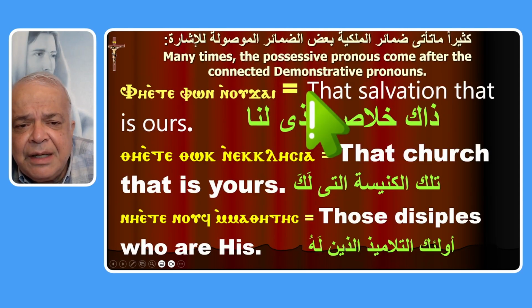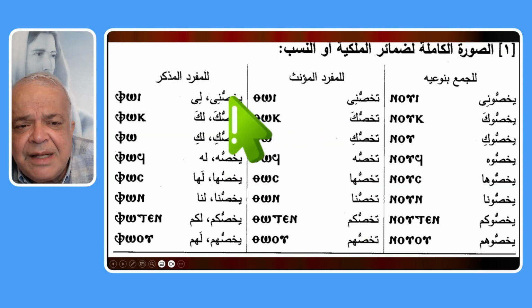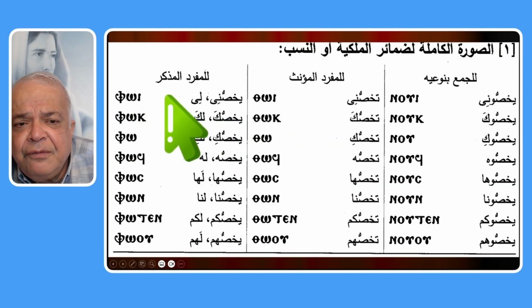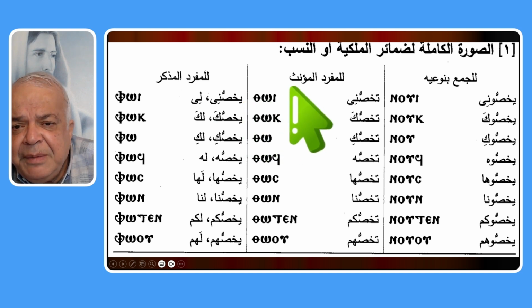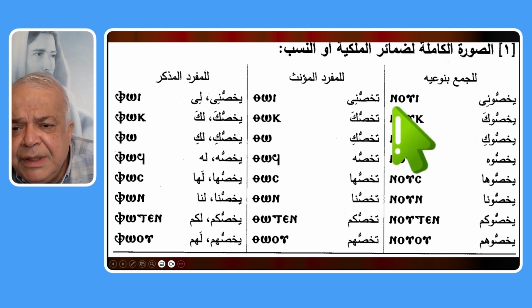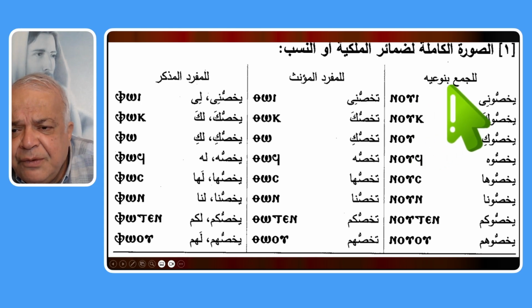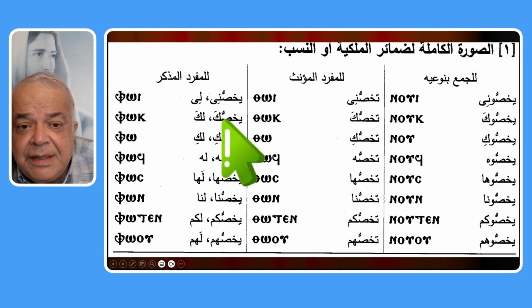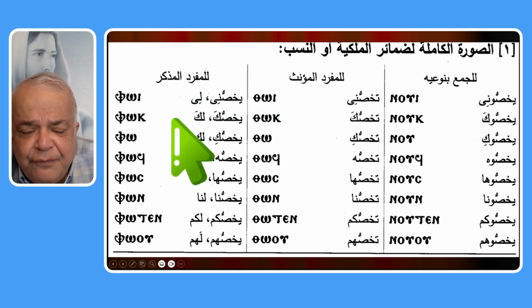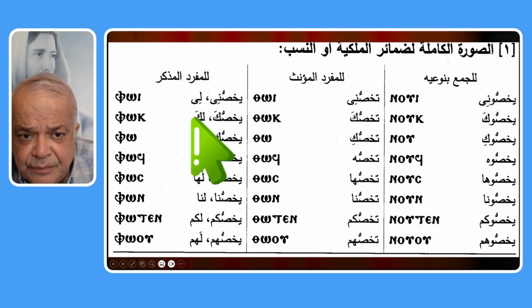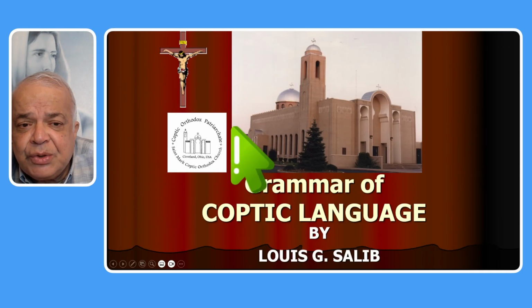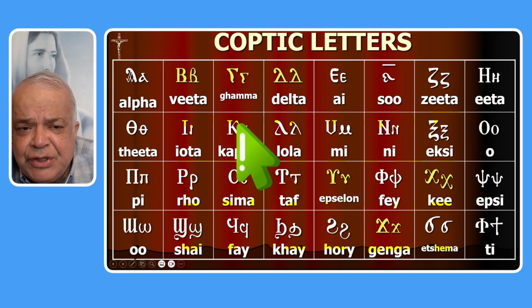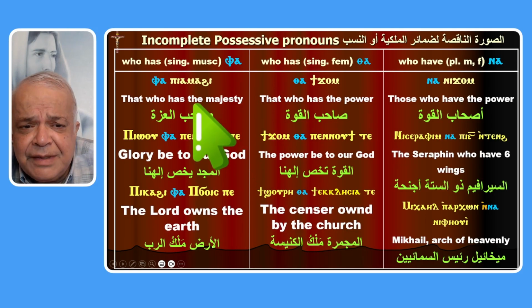Remember this slide: Foy for masculine singular, Soy for feminine singular, and Noi for plural. This is the complete form of the third kind of possessive presentation. But I can make it shorter to avoid repetition in this way.